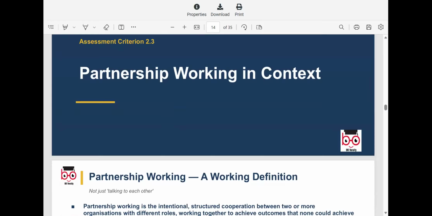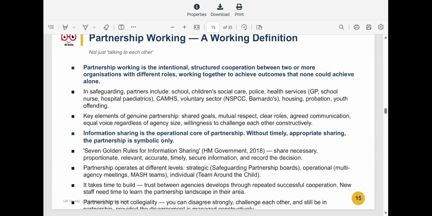Partnership, AC assessment criteria 2.3, partnership working in context. So here we're looking at the partnership working definition. Partnership working is an intentional, structured cooperation between two or more organizations. So it can be different organizations that share their goals, that have predominantly the same goals and the same values.